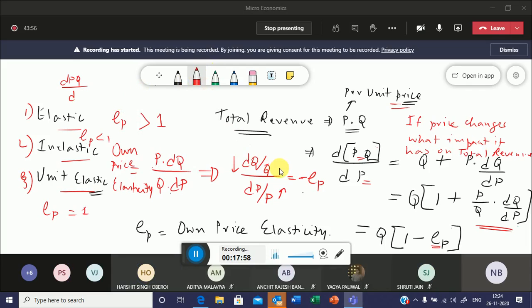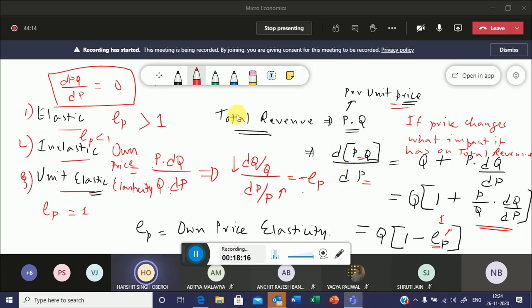This becomes equal to 0, right? If I put 1 here, if this is equal to 1, then 1 minus 1 is how much? 0. 0 times Q is 0. So d(PQ) by dp is 0.